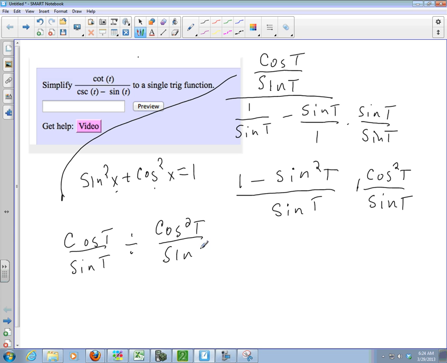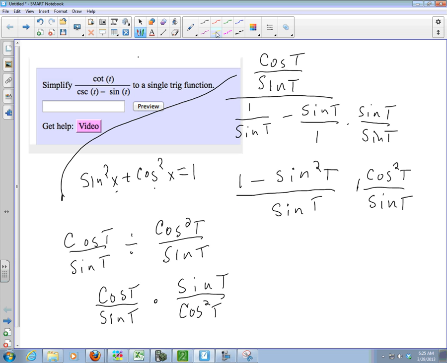And when I divide fractions, I've got to take the reciprocal of the second one and multiply, right? So I'm going to think of this as cosine t over sine t times sine t over cosine squared t.